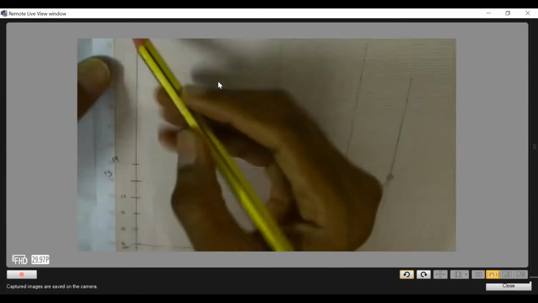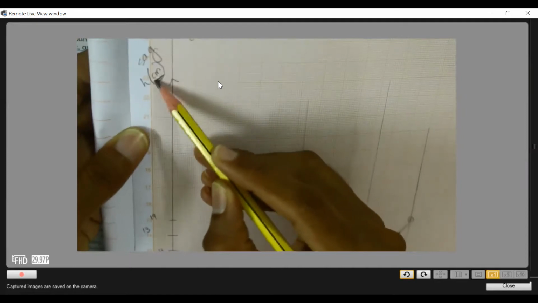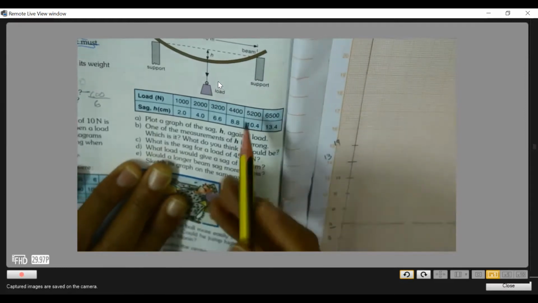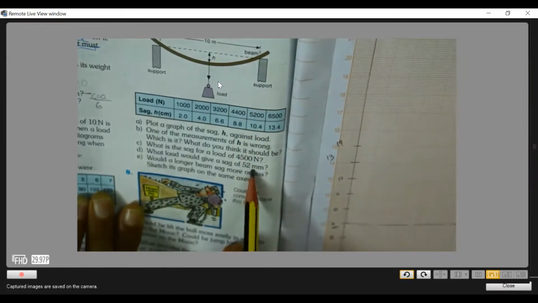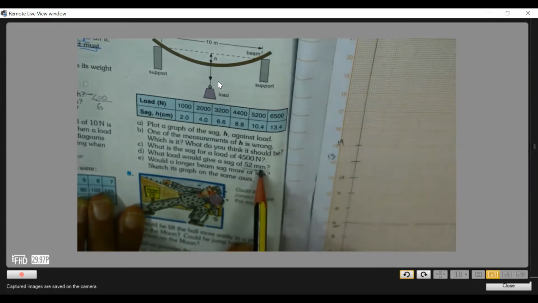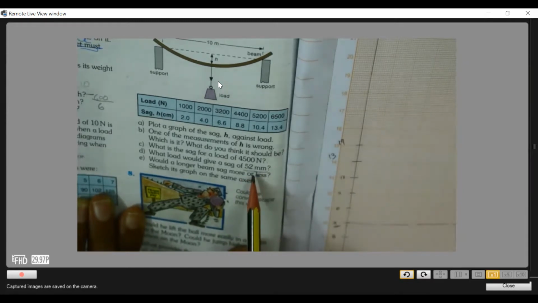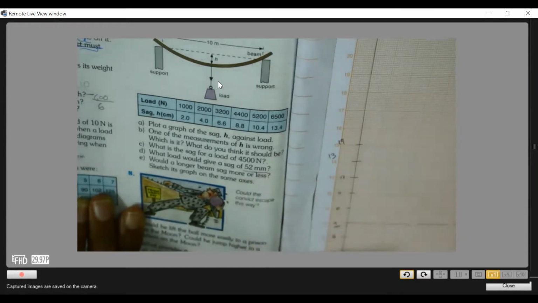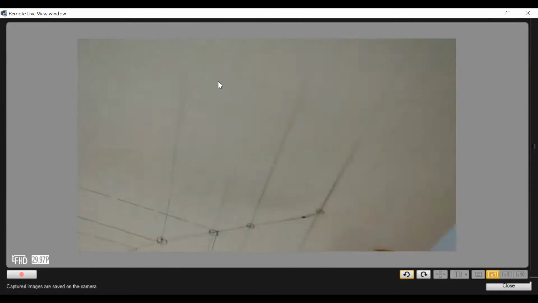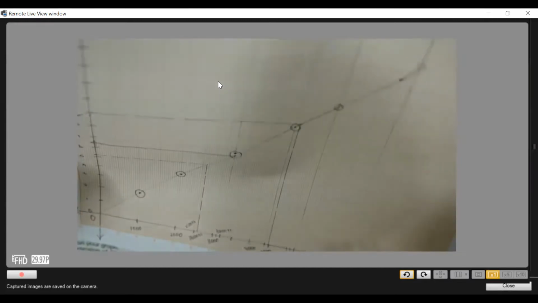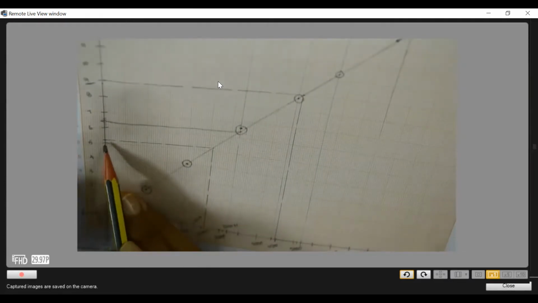They gave sag in centimeters, and then they're asking you to calculate the load for some sag in millimeters. So you will convert this millimeters into centimeters. This is 52 millimeters. So what will this be in centimeters, Sidra? Just divide by 10. There are 10 millimeters. 5.2, right? So 5.2.